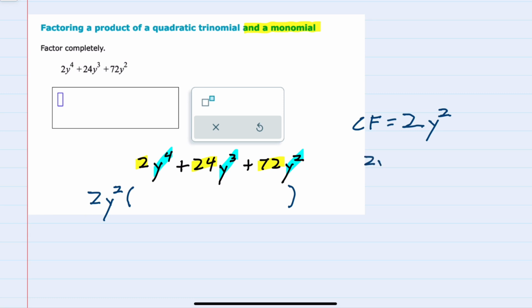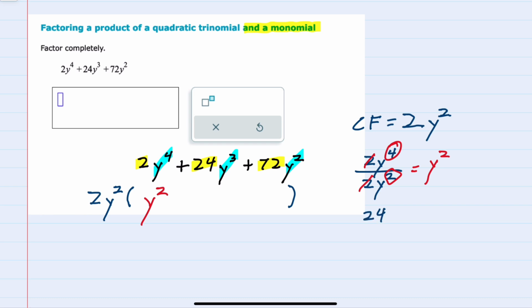I'll start with the 2y to the fourth, and factoring out the 2y squared has the result of just dividing that term by 2y squared. This will simplify to just y to the power of 4 minus 2, or 2. So y squared remains from that first term.